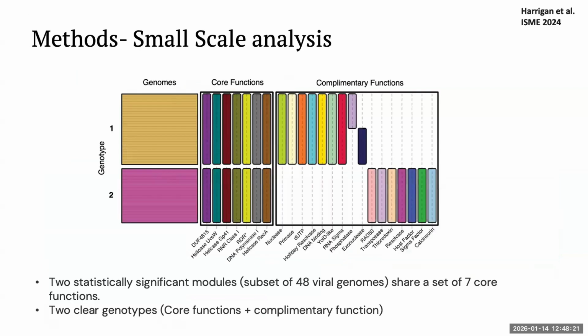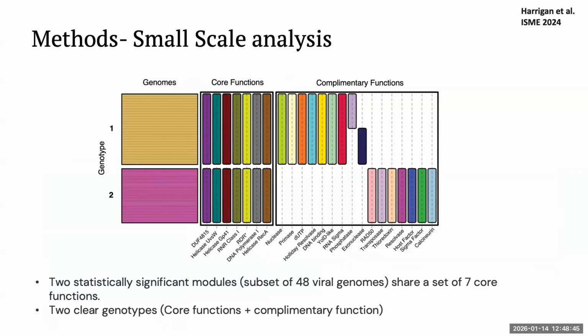And so I'm going to show you the results on a very small data set. This is about 44 genomes. And it was super, super interesting. In these 44 genomes, what we find is that this set of 24 genomes and this other set of 20 genomes, so a total of 44, contained the same genes, our core functions.